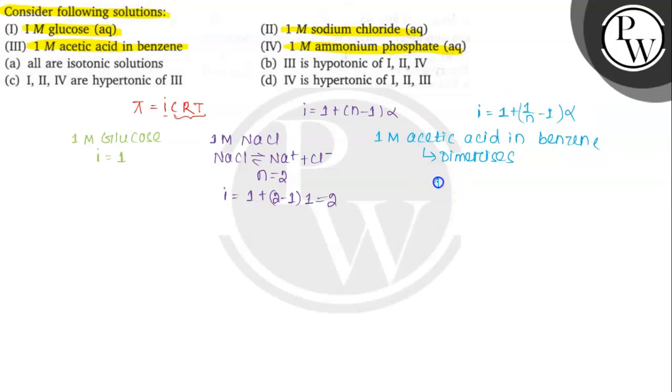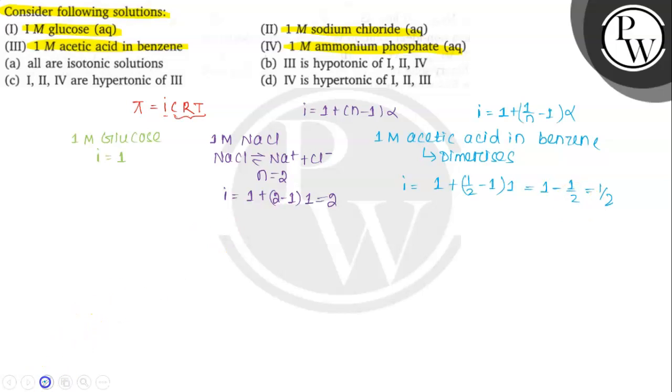So the value of i for acetic acid in benzene is 1 + (1/2 - 1), taking alpha as 1 since it is not given. So it is 1 - 1/2, which equals 1/2. Here n is the number of associated molecules, and in benzene acetic acid dimerizes, so the Van't Hoff factor is 1/2.